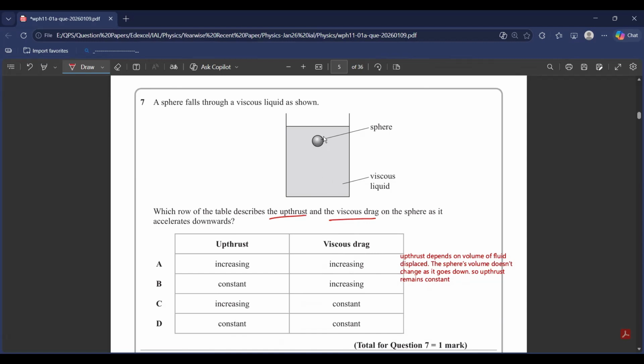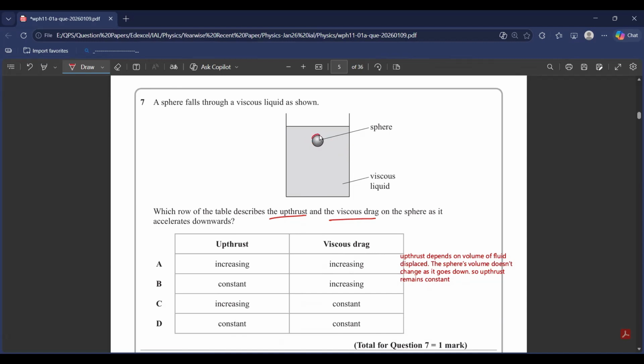See that the sphere is completely submerged in the liquid, which means that upthrust, what is upthrust? Upthrust is related to the volume of liquid displaced by the object, right? And since the sphere is completely submerged, it has already displaced a certain amount of fluid to the surrounding, which is equal to its volume, right?